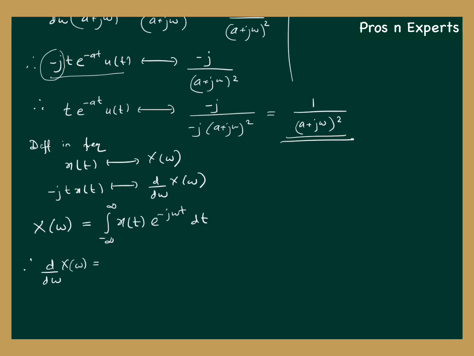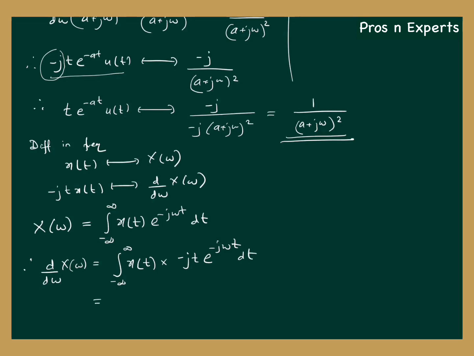I'm finding the derivative of this expression, both LHS and RHS, with respect to omega. So integral from minus infinity to infinity, x of t will be untouched because the derivative is with respect to omega. Okay, into what is the derivative of e raised to minus j omega t? It is minus j into t into e raised to minus j omega t itself. Okay, dt. Fine.